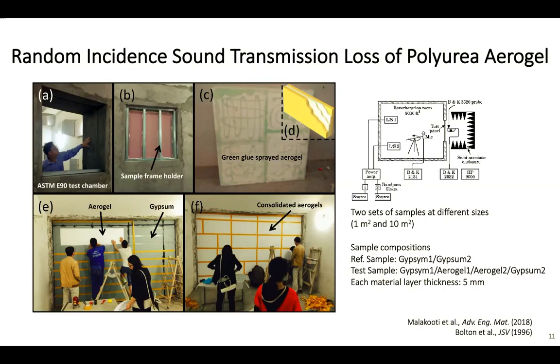The only connection between these two rooms is either a window with an area of 1 square meter or a wall. As you can see, those aerogels are attached to the wall, laminated by gypsum. So we have two cases. The reference sample is only gypsum. The second sample, the test sample, is gypsum, two aerogel layers, and another gypsum.